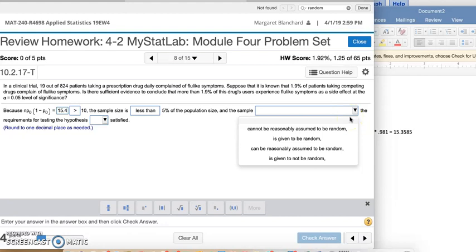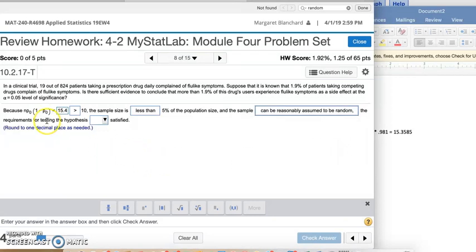Again, the problem does not state that this is a random sample. However, the fact that it's a clinical trial would tell us that the people involved with planning the trial would have done a random sample, so it can be reasonably assumed to be random. If all those are true, the requirements for testing the hypothesis are satisfied.